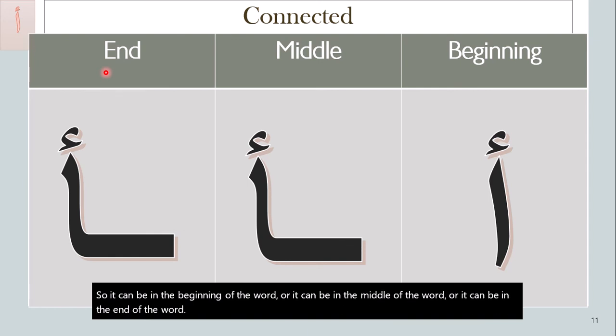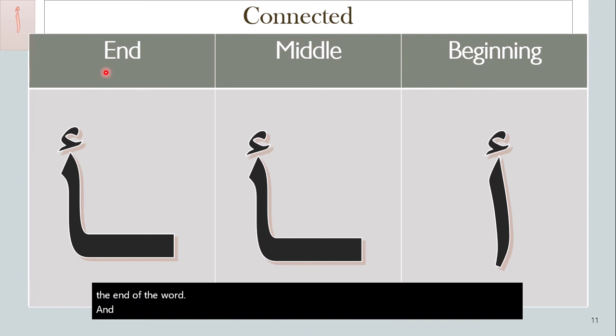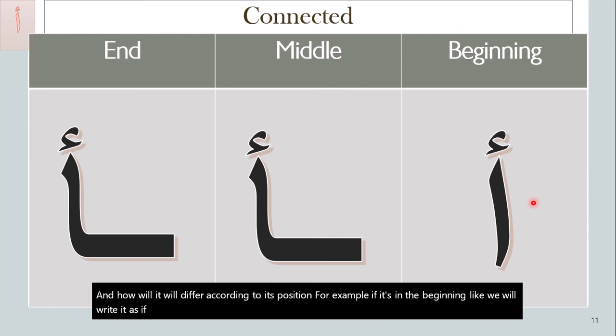How we write it will differ according to its position. If it's in the beginning, we write it as if it's isolated, like the Alif we have seen so far. This is how we write Alif in the beginning. We will not connect it if it's in the beginning.